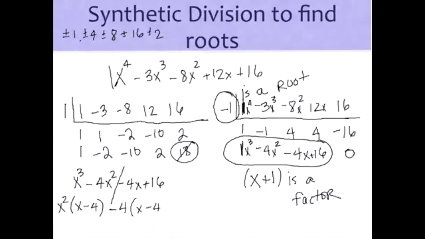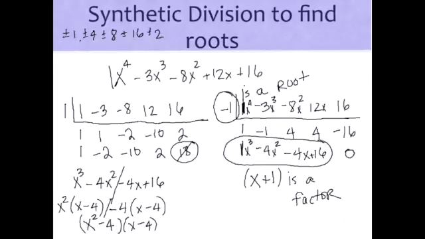That leaves me with an x minus 4. I'm very happy because this means that this problem is a factor by grouping problem, which means that I do not have to do synthetic division again. You've already learned how to do factor by grouping.